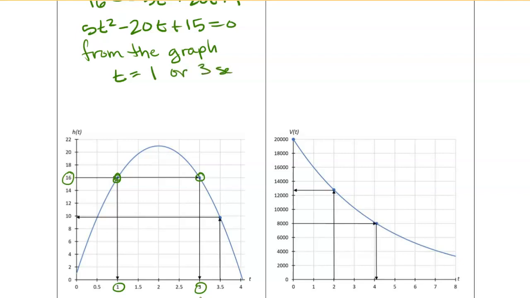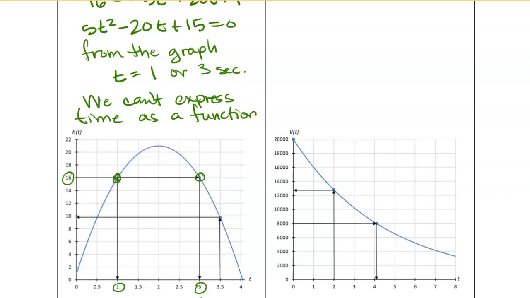Okay? And the point of this is that I can't express time as a function of height, right? Because for certain heights, those occur at more than one time. So my point is that we can't express time as a function of height.